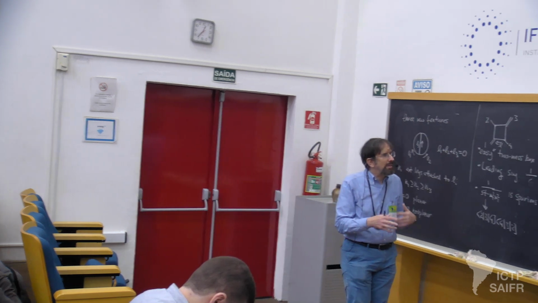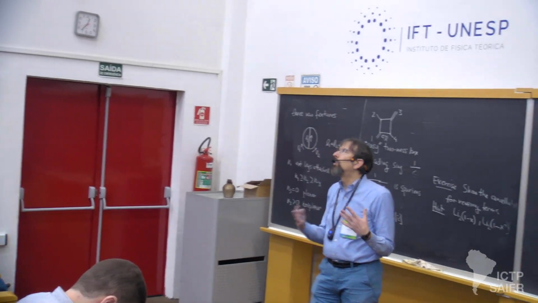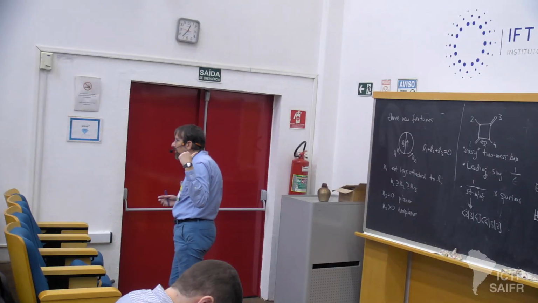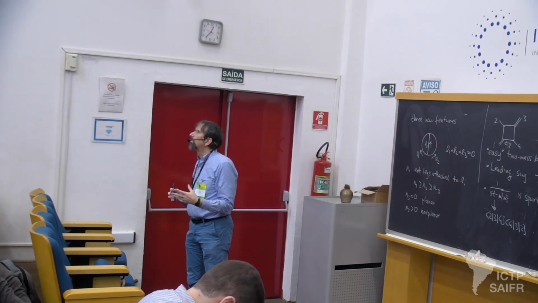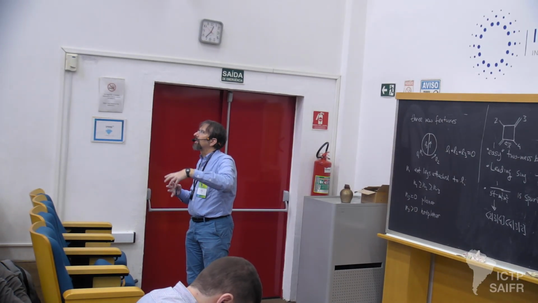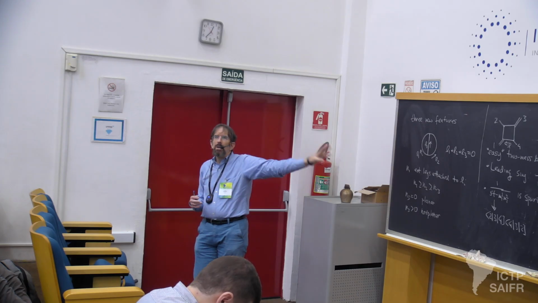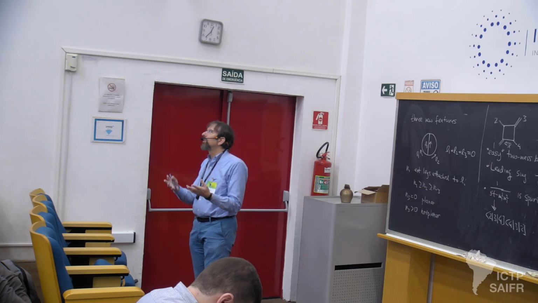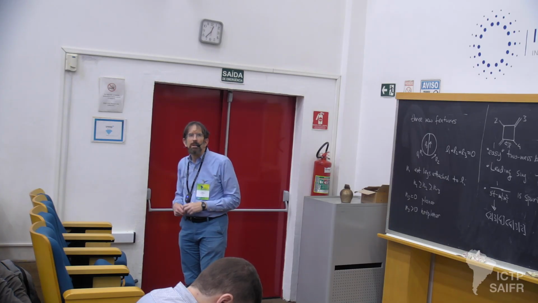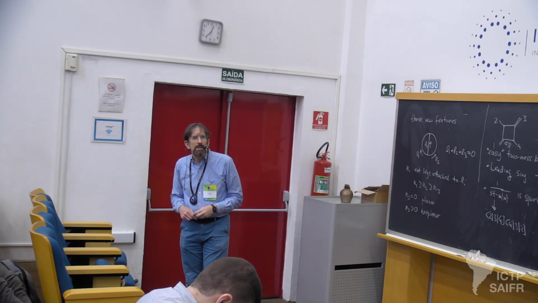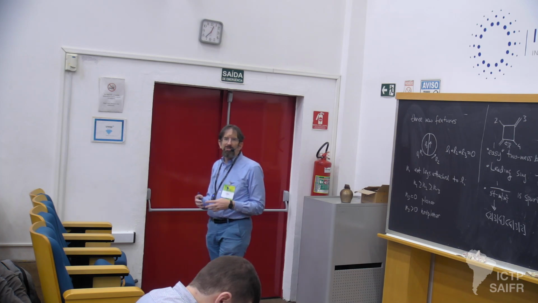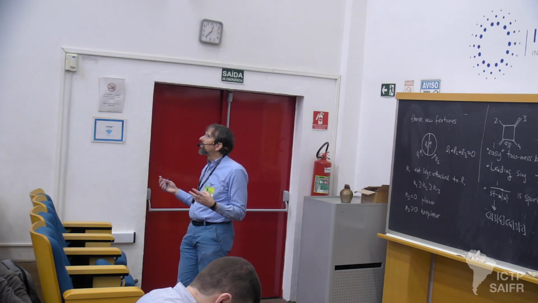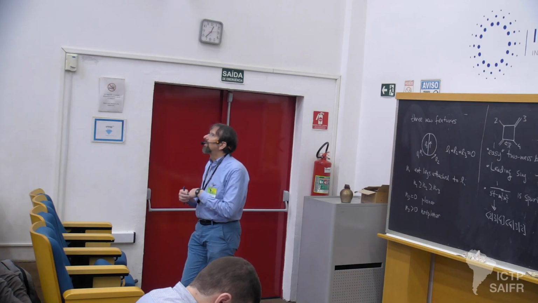An example of a hidden relation which people don't always take into account are these relations analogous to the pentagon reduction to boxes, where it's not an exact identity, but there's some order epsilon term. So if you miss a relation like that, it's generally not the end of the world in a practical calculation. From a practical point of view, the very fact that you're reducing from thousands or tens of thousands of integrals to dozens, that's good enough.